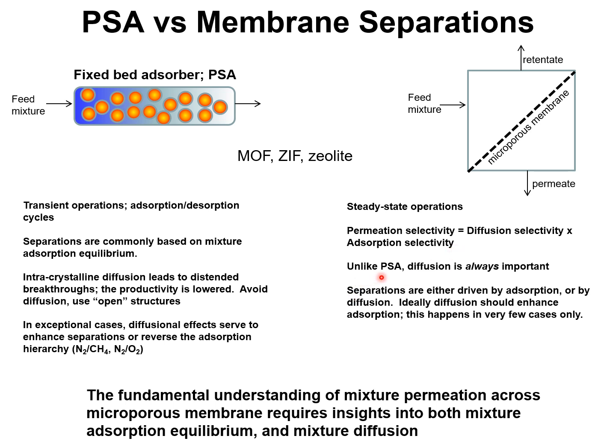Unlike PSA technologies, intracrystalline diffusion is always important in membrane separations. The separations achieved in membranes are either driven by adsorption or by diffusion. Ideally, diffusion should enhance the adsorption selectivity but this happens in very few cases only, as we shall discuss.